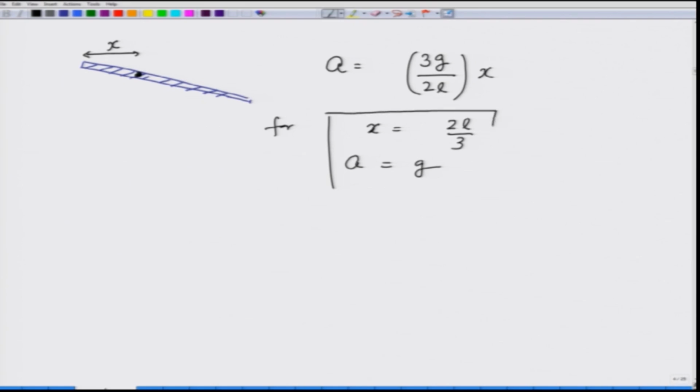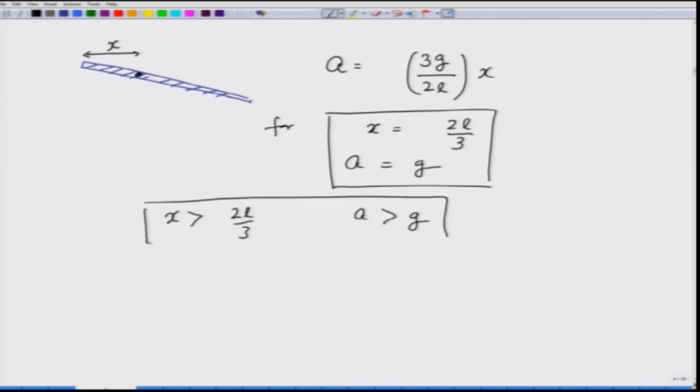That is point number 1. Point number 2, for x greater than 2L by 3, A is greater than g, and for x less than 2L by 3, A is less than g.